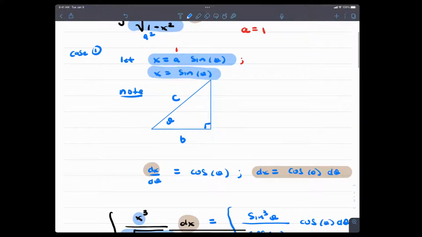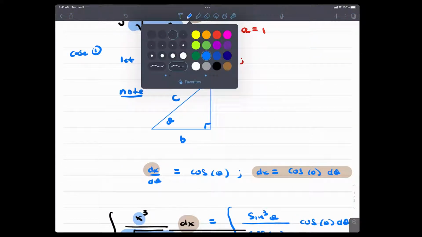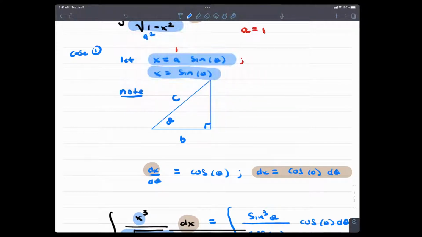And back to this idea here, when we said, in general, sine theta is going to be what? X over a. In this case, sine theta is just that, x over 1. Remember what the definition of sine is. It's opposite over what?